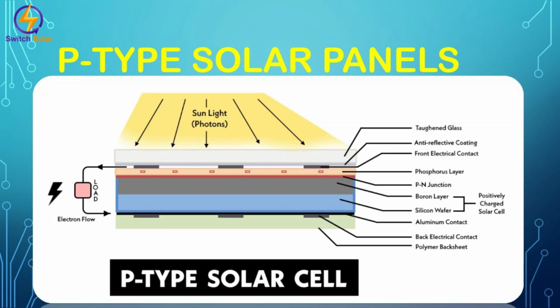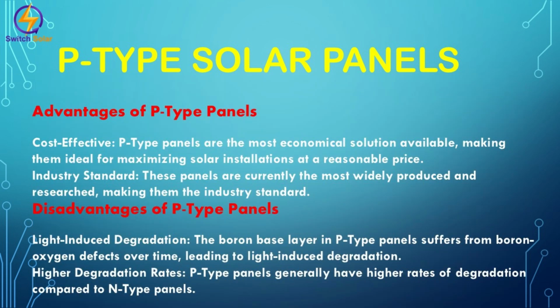Advantages of P-type panels. Cost-effective: P-type panels are the most economical solution available, making them ideal for maximizing solar installations at a reasonable price. Industry standard: these panels are currently the most widely produced and researched, making them the industry standard.